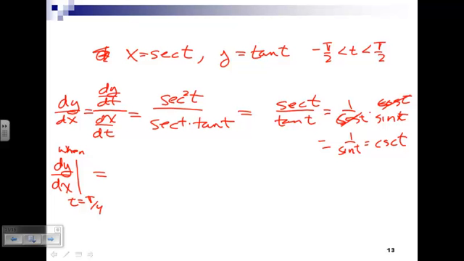And we get cosecant of pi over 4, which is 1 over sine of pi over 4.